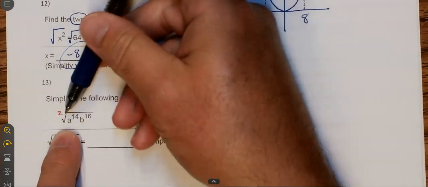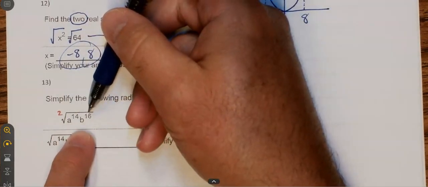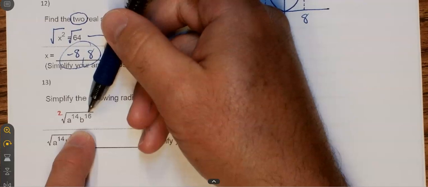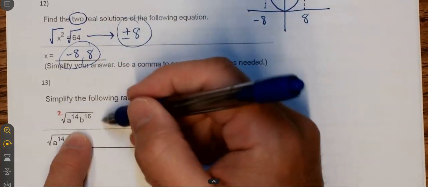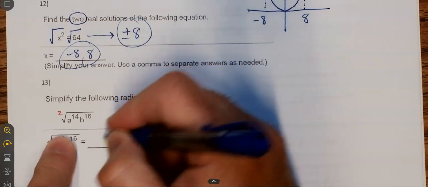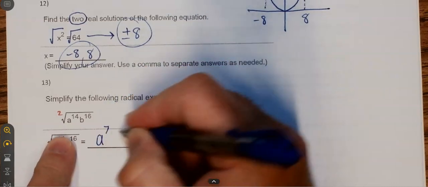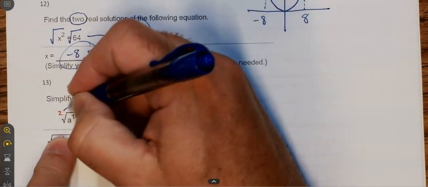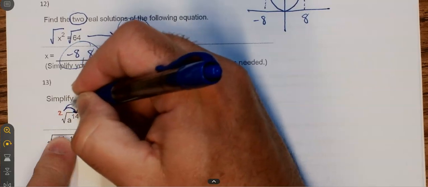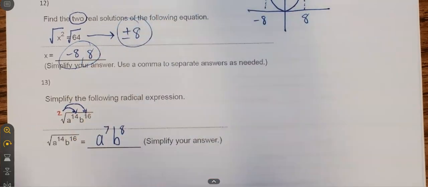All right, well, what about B's? Do we have any extra B's? Oh, no. So, in other words, this is already perfect and we can go straight to the answer? Several of you already said A to the 7th and B to the 8th. You would be correct. 2 goes into 7 perfectly, and so does 2 go into 16 perfectly.